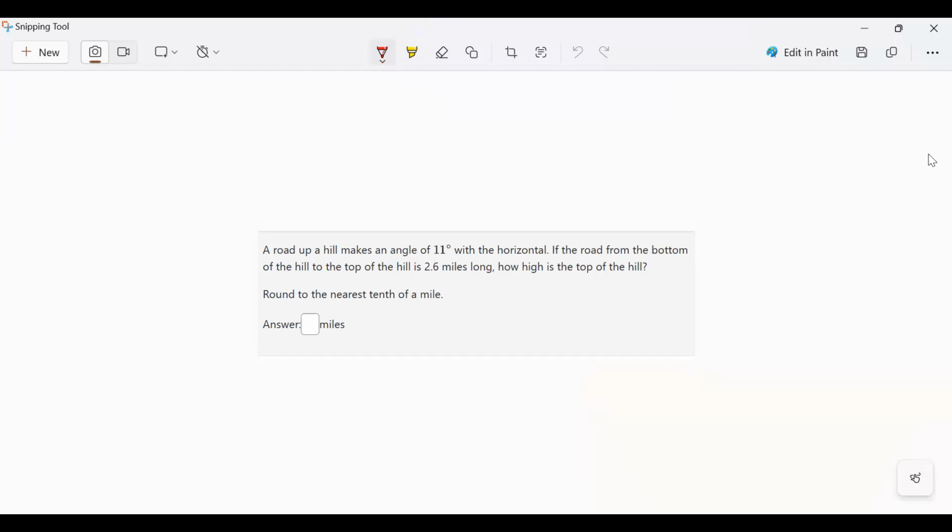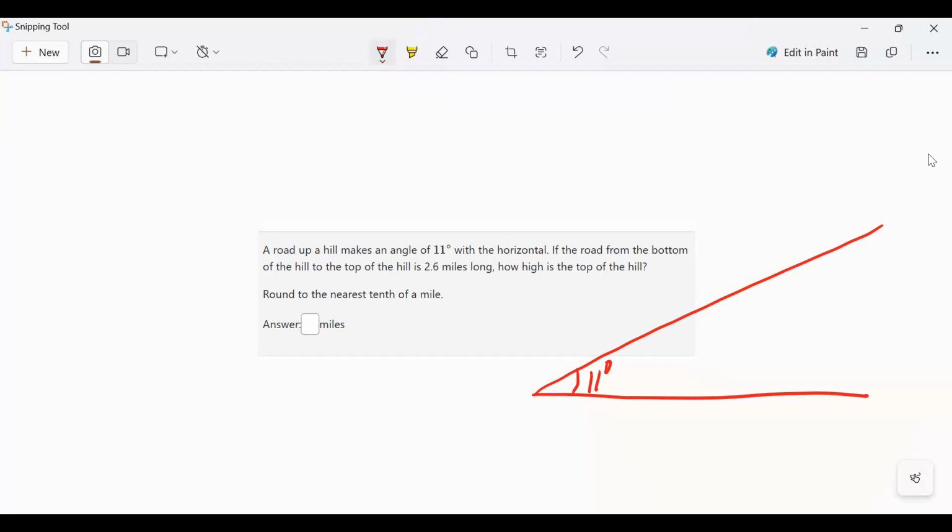So basically, this is the road, and it goes up the hill, up to the hill, to the horizontal. So this is the road, and here is an 11 degree angle with the horizontal.